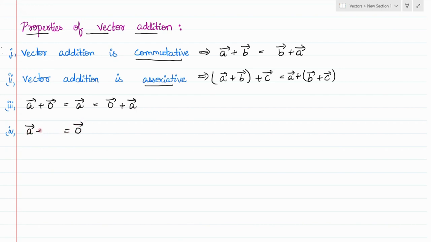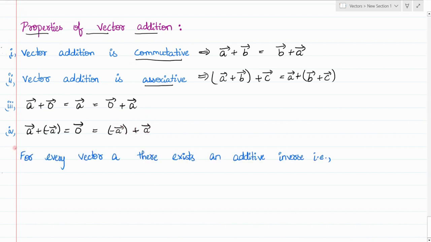That is minus A, which is called the inverse of this vector. We can also write it this way. For every vector A, there exists an additive inverse, that is minus A.